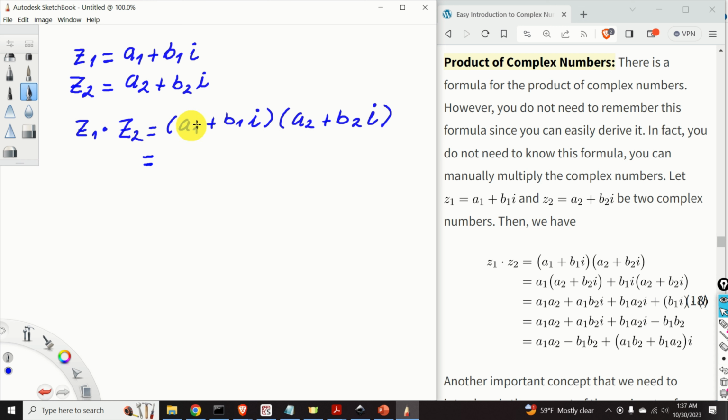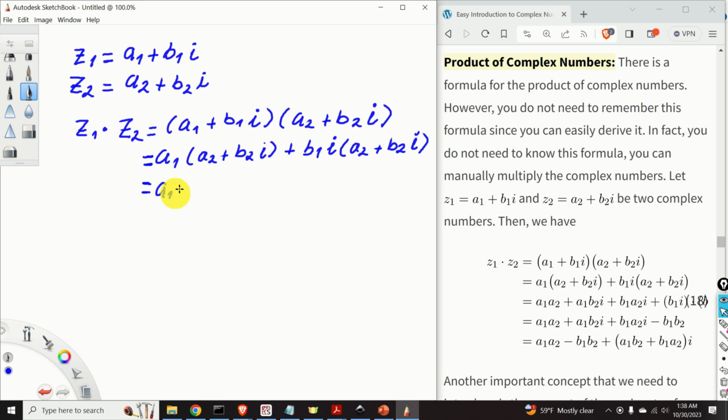So we have a1 multiplying this whole expression, and you have plus b1i multiplying the same expression. What I did here, I multiplied this thing by this term, and then this thing by this term. And then you can perform multiplication.